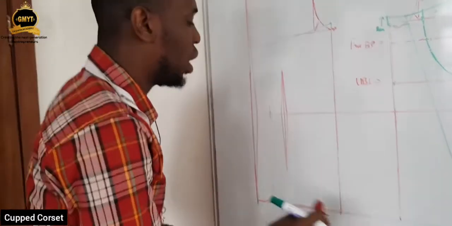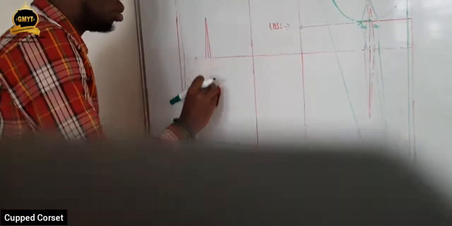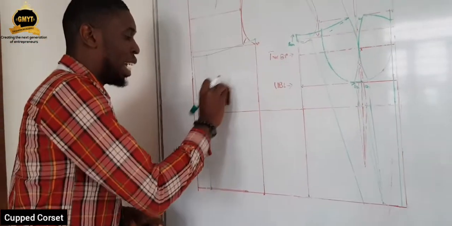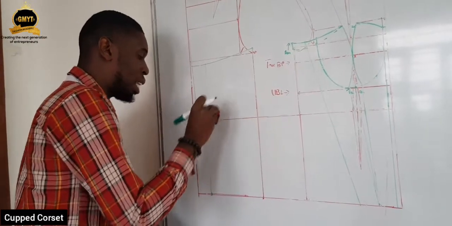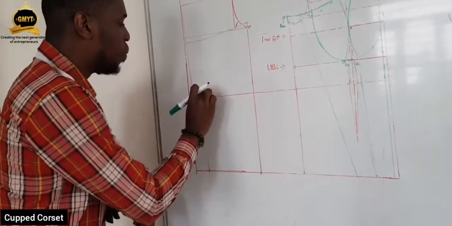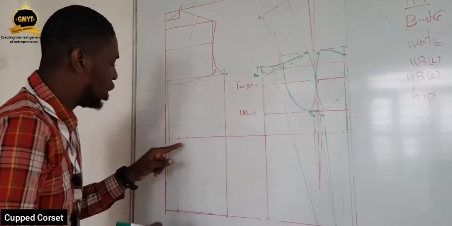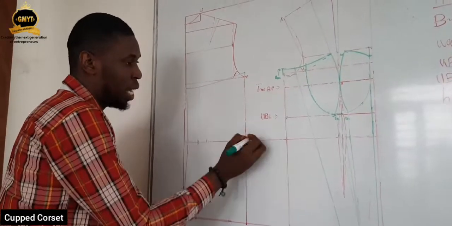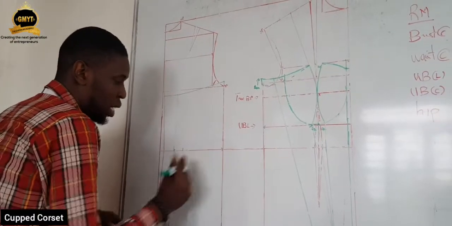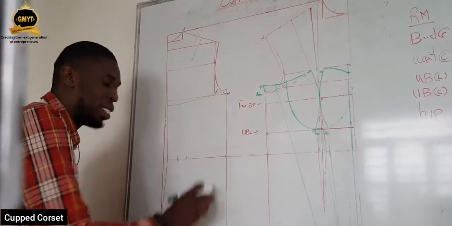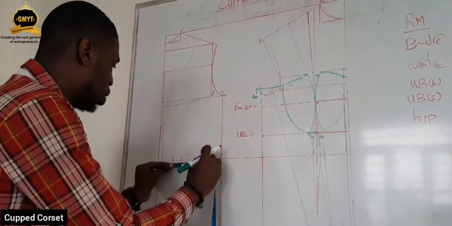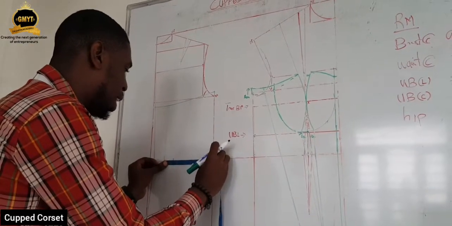If I'm taking it to another part, note that I still need two different style lines on this part. So instead of putting the dart placement on another part, all I need to do is divide from here using the waistline, anything I have from here to here, into 3 to get what? To get the style line. So it's very simple as that. So this is it. I have like 20.